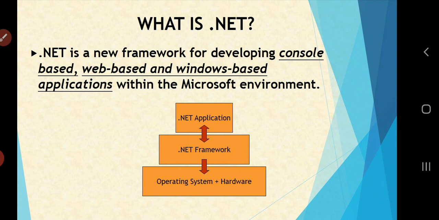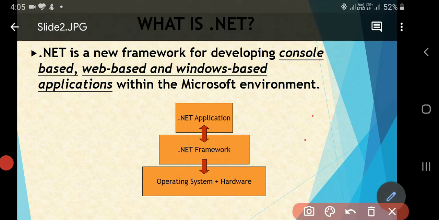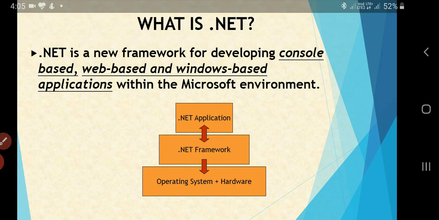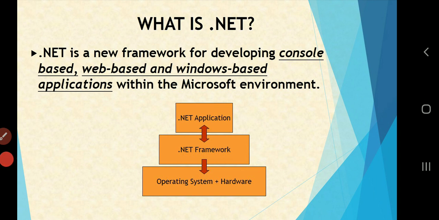Now, see here the diagram having the .NET applications, the .NET framework, and the operating system, in chronological order, where the operating system plus hardware is totally at the bottom level. At the upper side is the .NET framework, which works as an interface between the operating system and the .NET application.